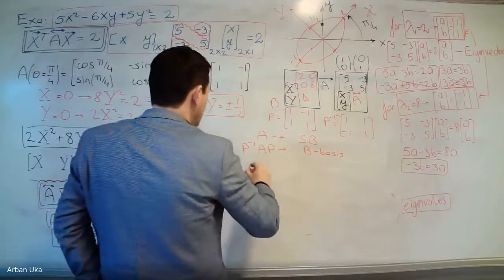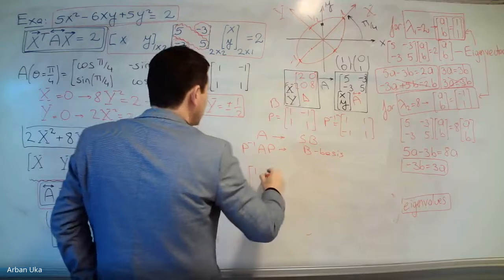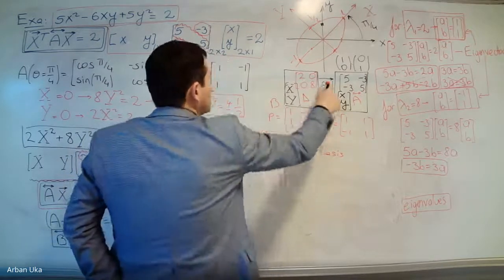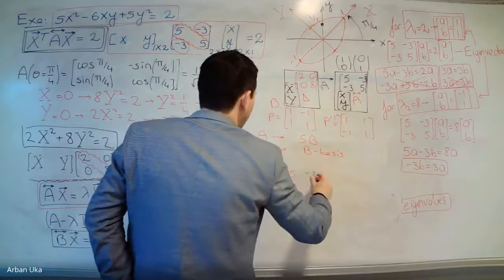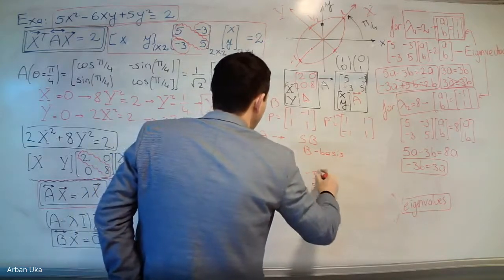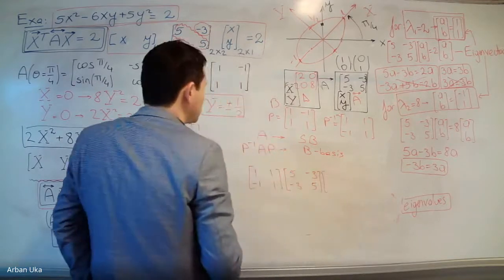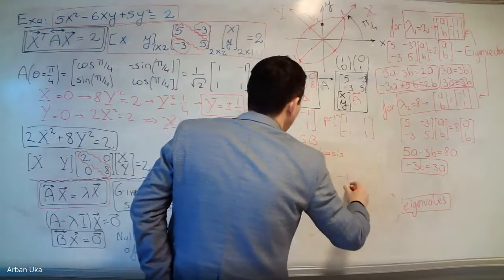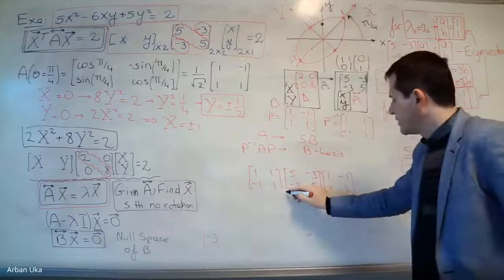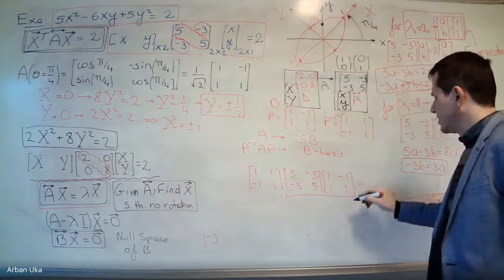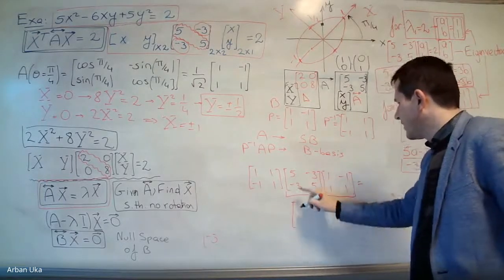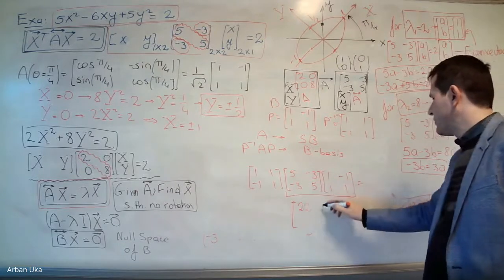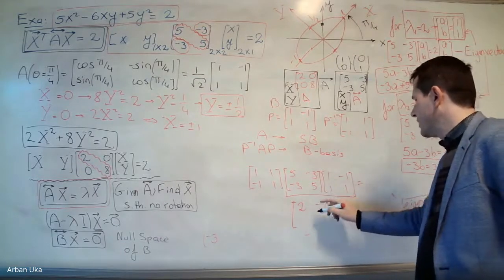P inverse is 1, 1, minus 1, 1, times the matrix A, which is 5, minus 3, minus 3, 5, and then we multiply this with P, which is 1, 1, minus 1, 1. Let's multiply these two initially. So this is 5 minus 3, this is 2, minus 5 minus 3, minus 8.